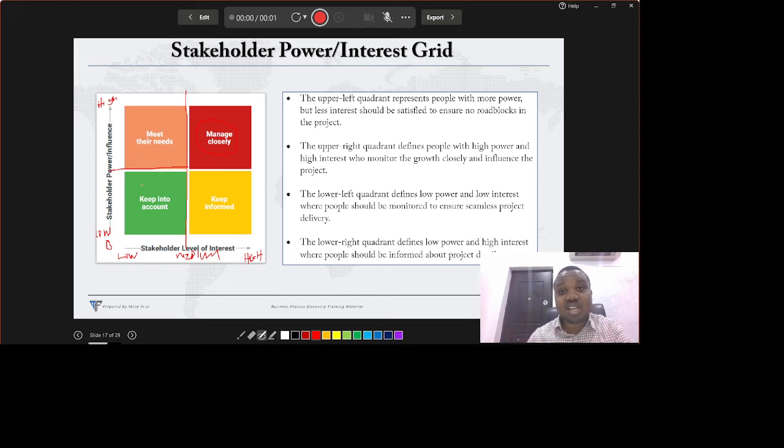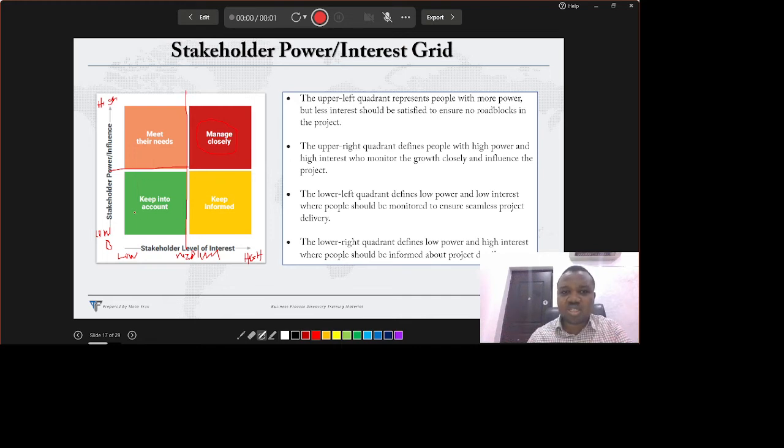You know that saying: when you are going up, treat the people you meet on the way down very well, so that on your way back they will equally give you that level of respect and treatment. So you want to keep this person in account. In fact, your agenda is to sway this person over.